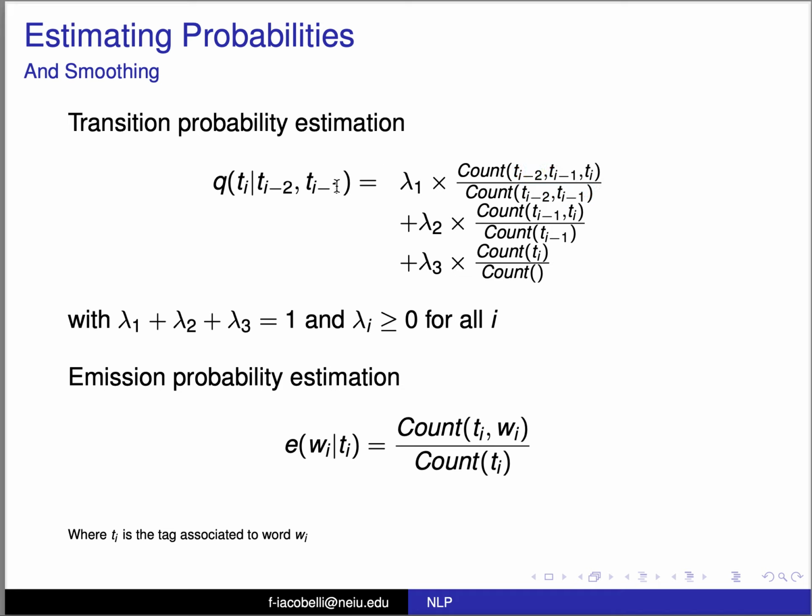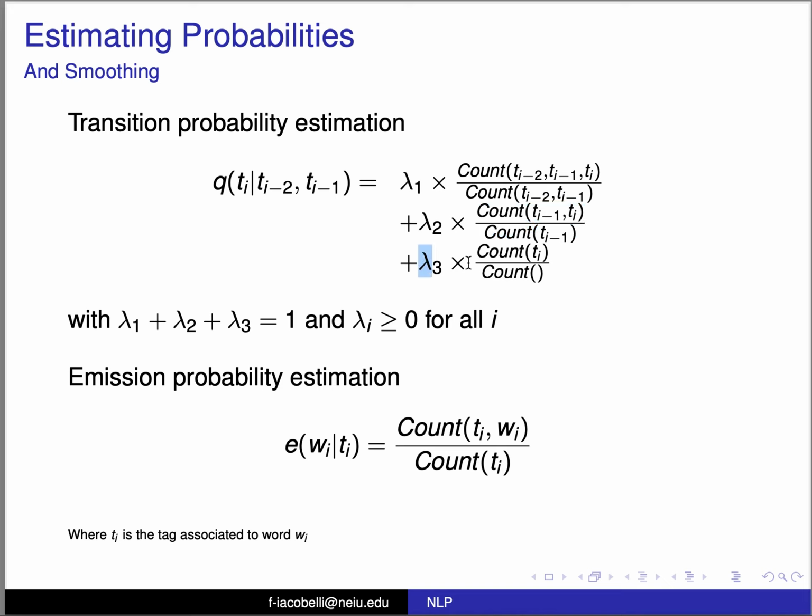So what we can do is linear interpolation smoothing, where the probability of the trigram is how many times the trigram of tags happens divided by how many times the bigram of the last tag and the previous one happens. You multiply that by some coefficient. Then you have a different coefficient and you multiply the probability of the bigram.